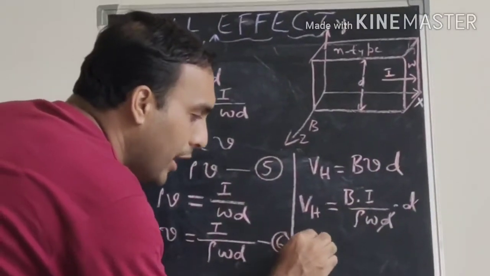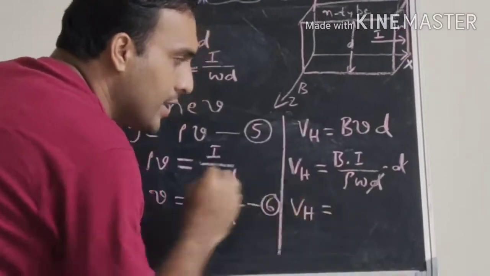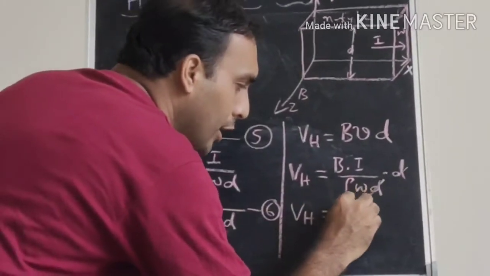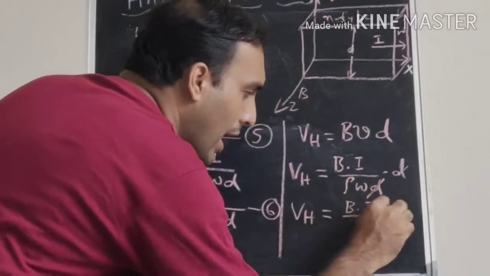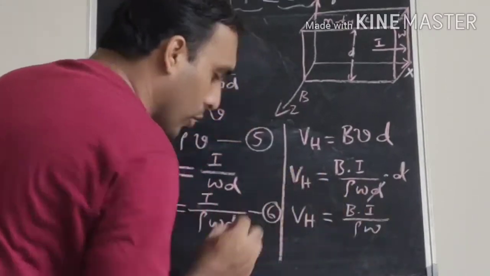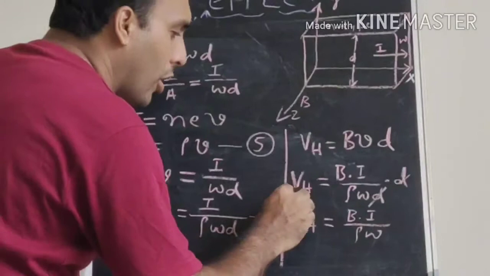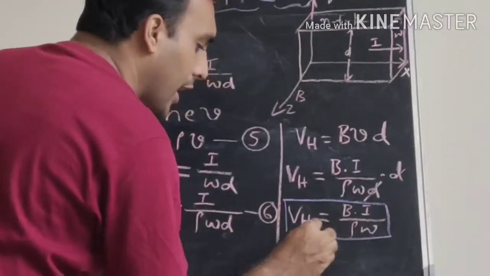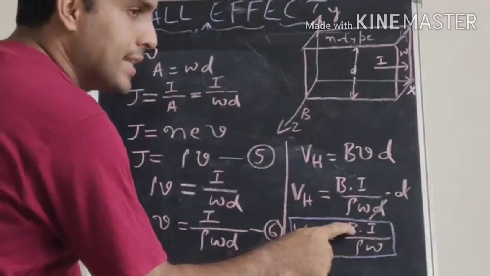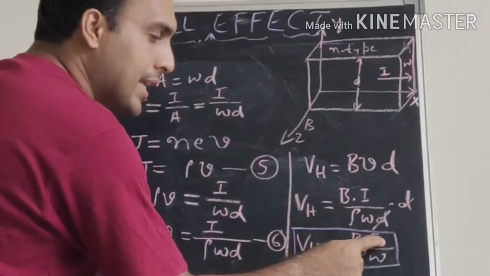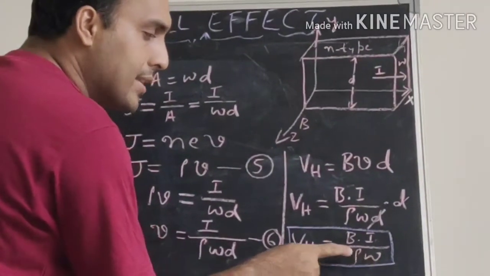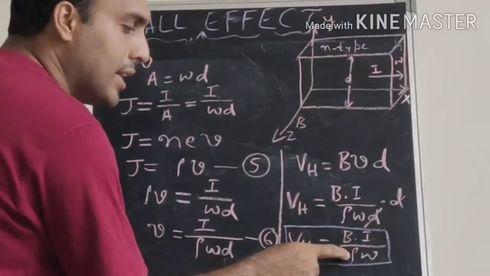So what is remaining for VH? VH is equal to B into I divided by rho into W. This expression is called the expression for Hall voltage, where B is the applied magnetic field, I is the current, W is the thickness, and rho is the charge density.